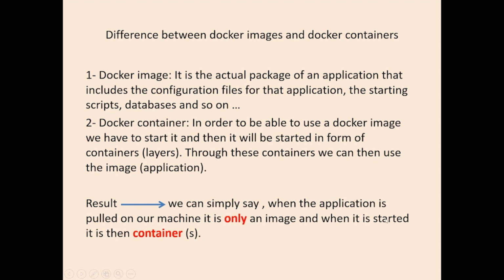And when we start it, it will be containers. So guys, so simple. That is the difference between Docker image and Docker container. Docker image, the actual package. Docker container, when we start the package, it will be Docker containers. So with the use of these Docker containers, we can make some changes. We talk about that. That's it, the difference between Docker images and Docker containers.